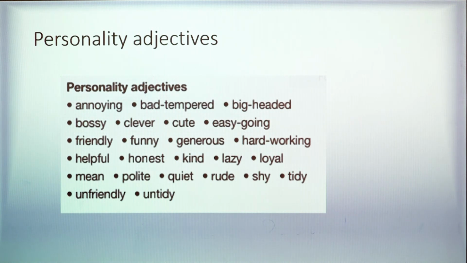For example, if you want to describe a person who always tells the truth, you use the word honest. If you want to describe a person who is being kind, who is being good to the others, you use the word kind.